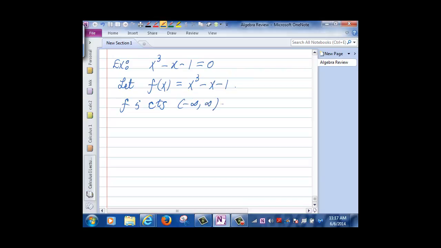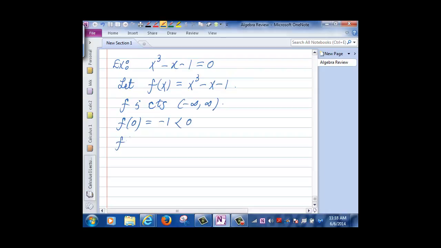Okay, notice that if I show you that the function f has a positive value and the function f has a negative value, then in between there is a value 0, right? So f has to take on the value 0 by the intermediate value theorem. So let's see, can someone tell me what is f of 0? Negative 1, which is negative.